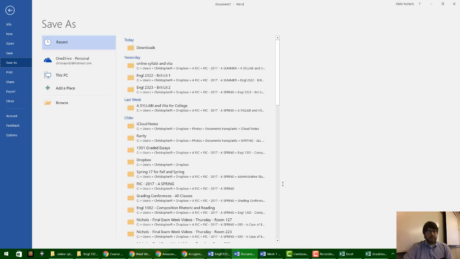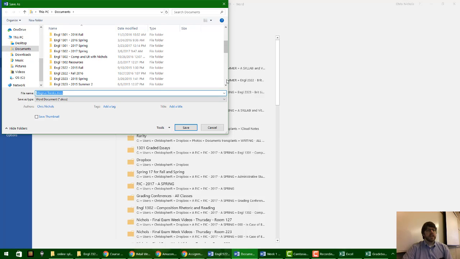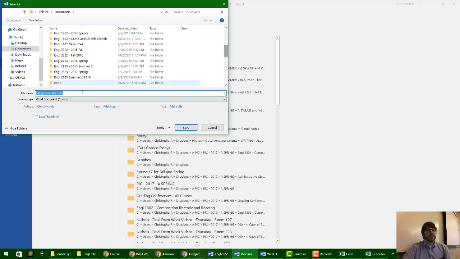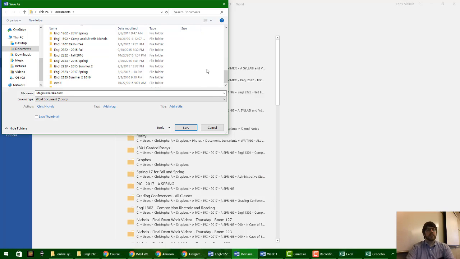So what I would suggest doing from this point is you hit save, and I just hit Control S for save. And then what I would do here is have a folder on your computer, which I'm going to go to here. I'm going to go to Browse, and generally speaking people put things in their Documents folder, so I'll put one there. I'll make a folder for this class. New folder.